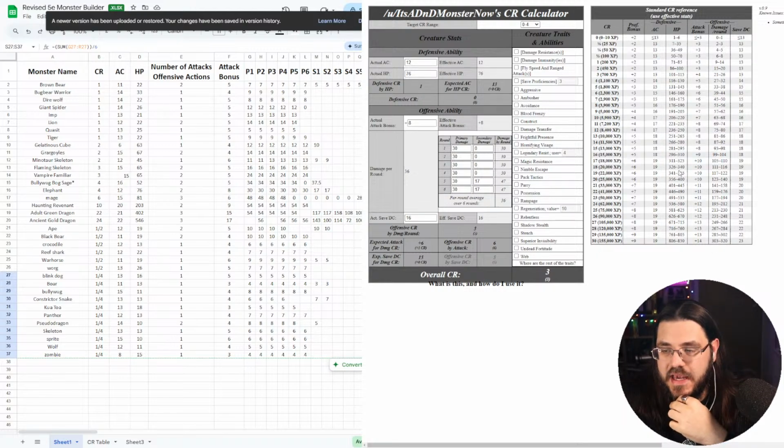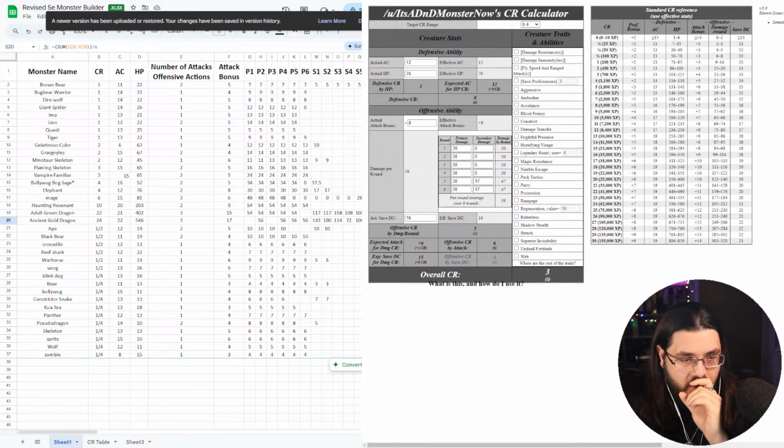Yes, HP seems to be where it's fluctuating the most. Our damage output for CR24 is a little low compared to what it was in 2014. 22 is a little bit low.